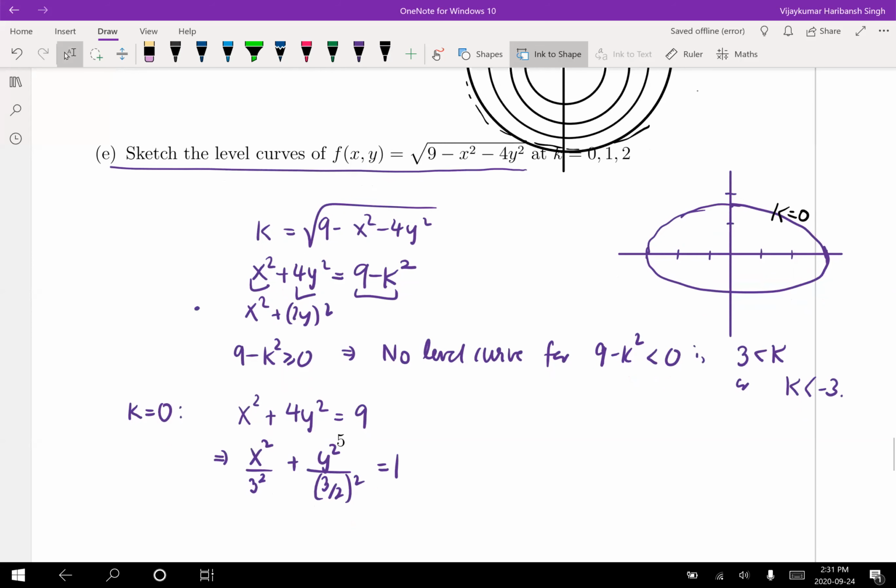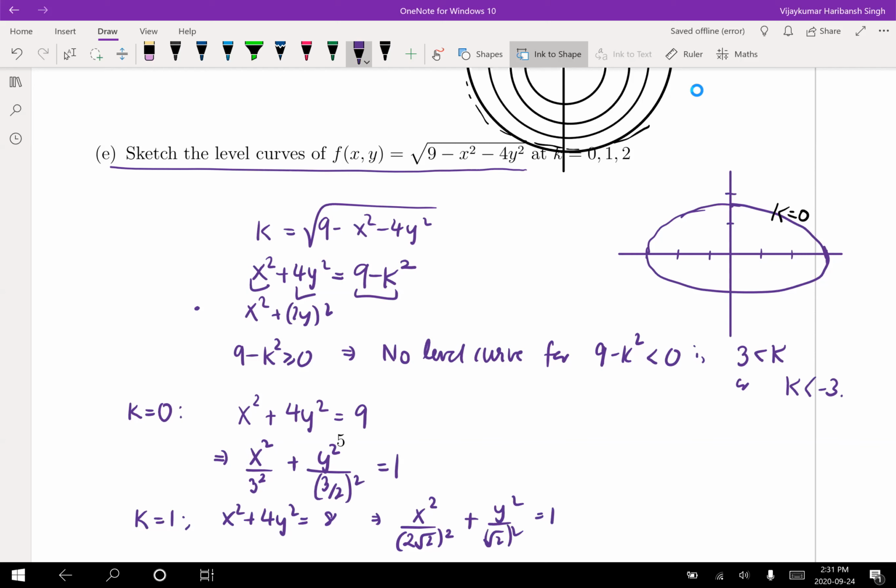Now what about k equals to 1? If k is 1, we get x squared plus 4y squared equals to 9 minus 1, so 8, which will mean that (x by 2 root 2) the whole square plus (y by square root of 2) square equals to 1.